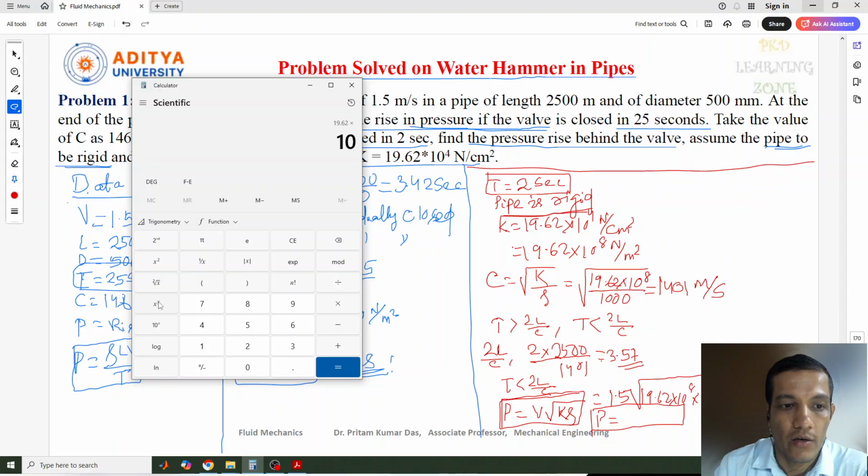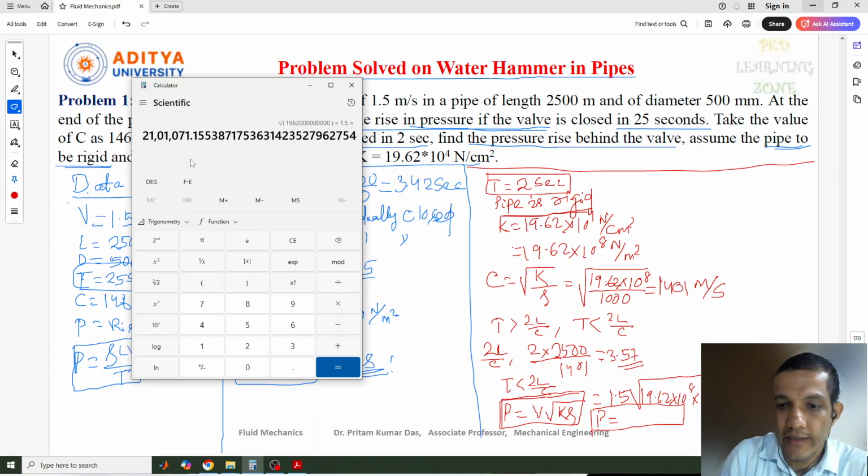So root over of this is equal to 1400, so 14 lakhs, again multiplied by 1.5. Now we are getting 21 lakh 71, in terms of Newton per meter square.